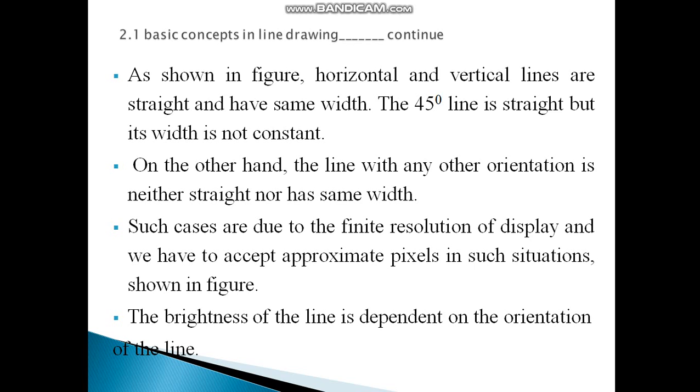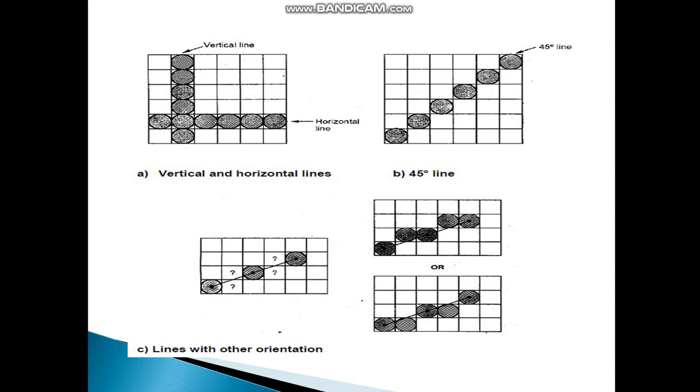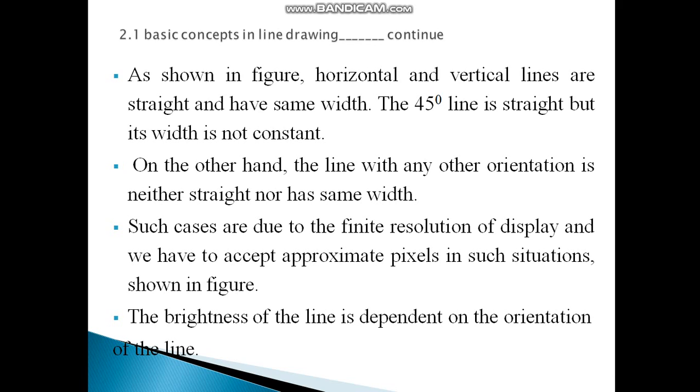Means the horizontal and vertical lines are straight, and the 45-degree line is straight but its width is not constant.